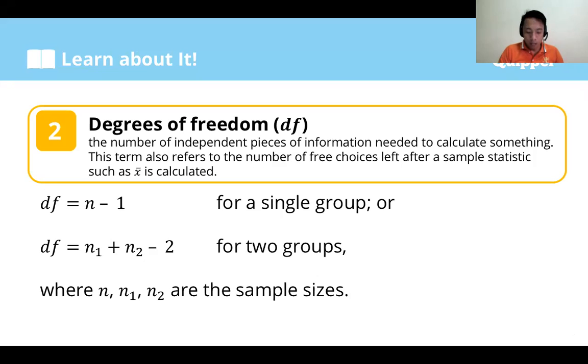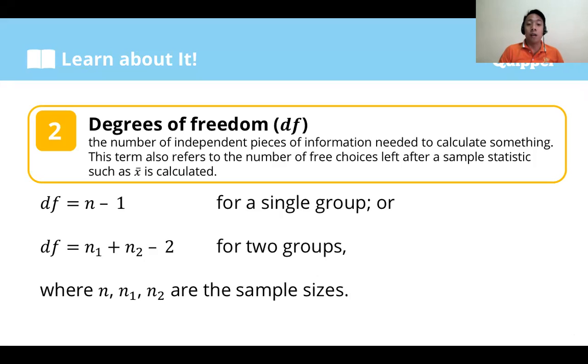We need to know next will be the degrees of freedom: the number of independent pieces of information needed to calculate something. So that is the main definition of the degrees of freedom.